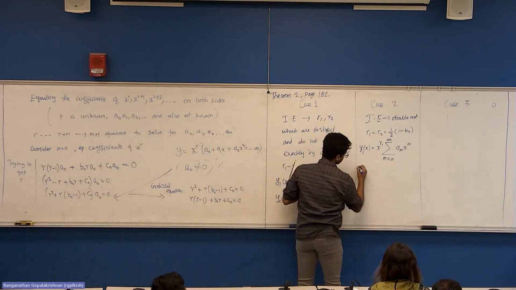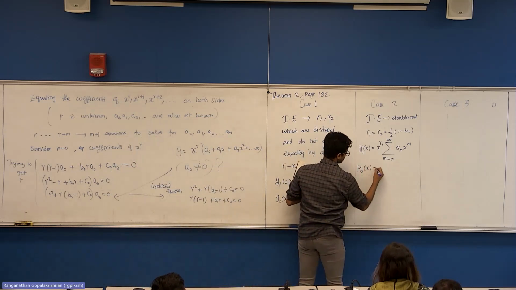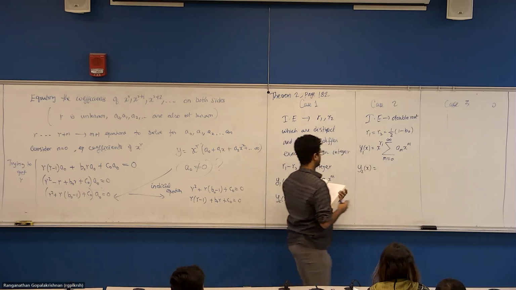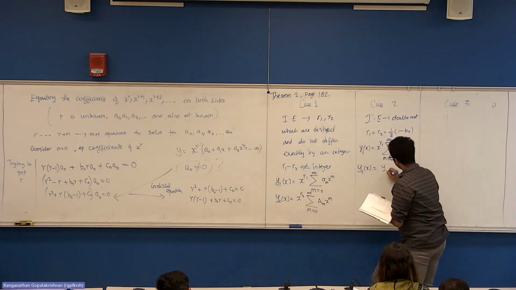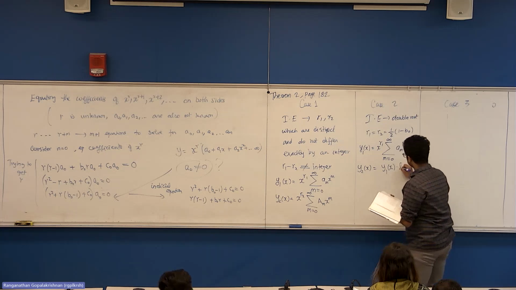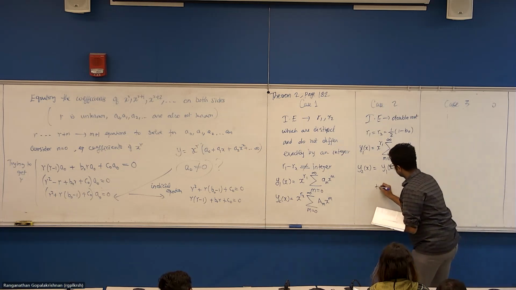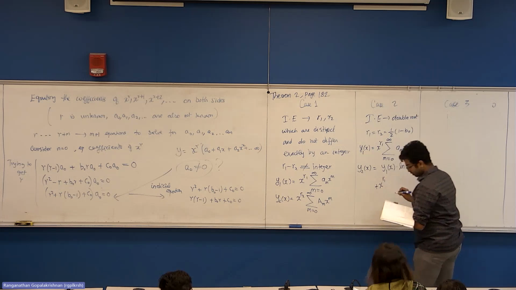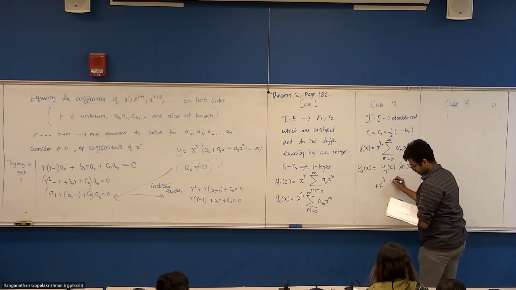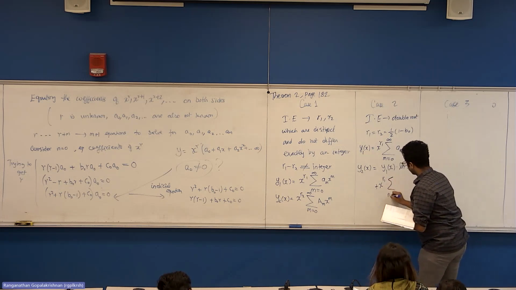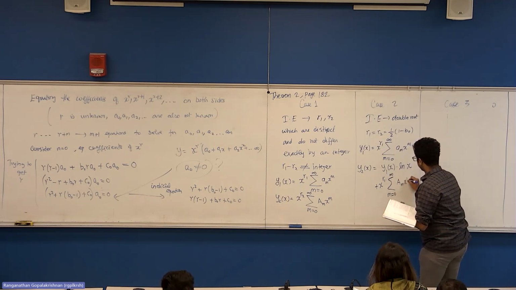The other basis function is constructed as y1 of x times natural log of x plus x power r1 times the summation from 0 to infinity of uppercase A_m x power m.